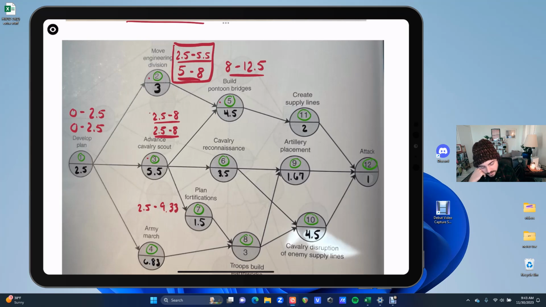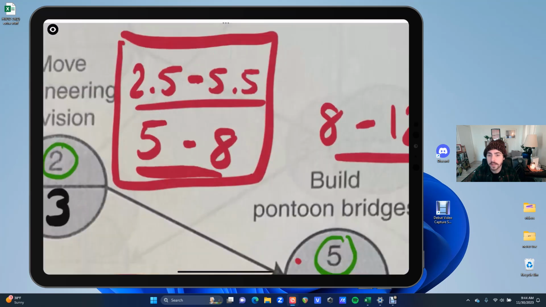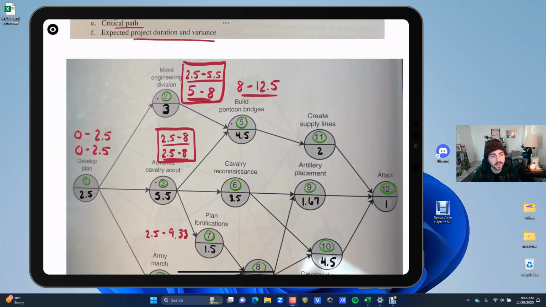But for activities 1 and 3, the early start, early finish, late start, late finish are identical. That's what tells us whether something is critical or not. If they have the same times, critical. If they do not have the same times, not critical, therefore they have slack time. Slack time means not critical.